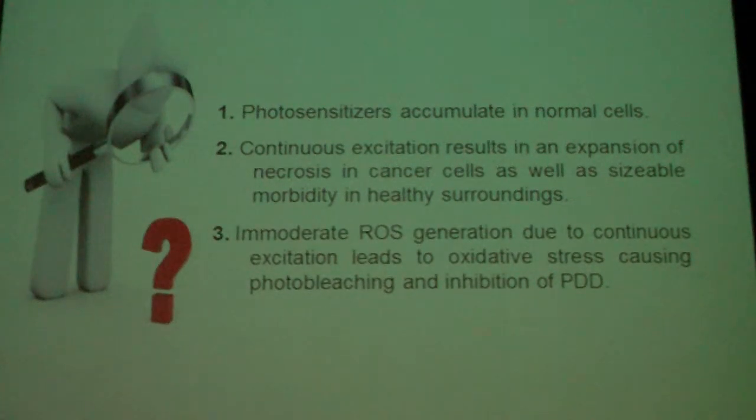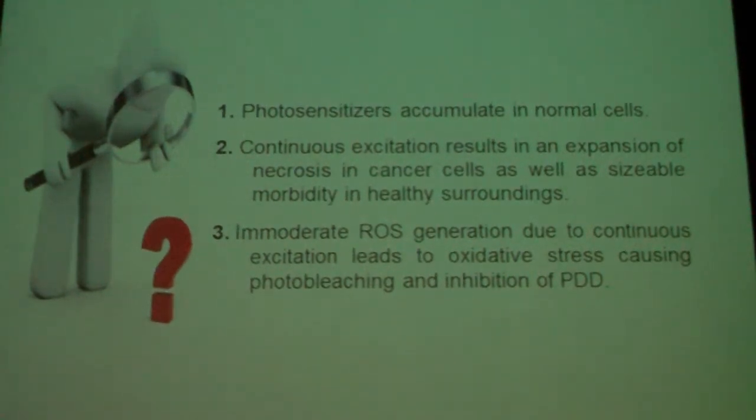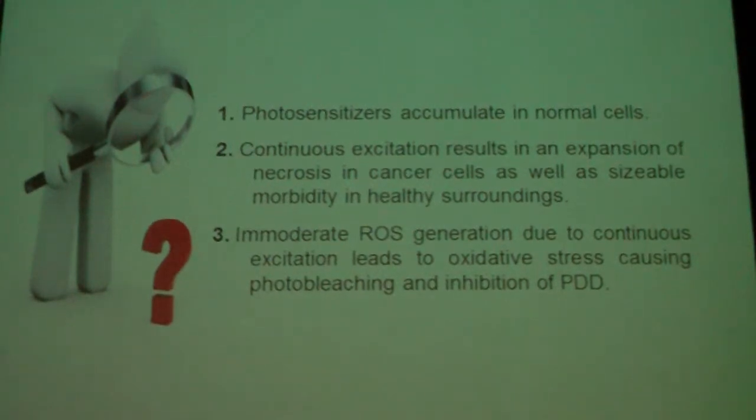The third is immoderate reactive oxygen species generation due to continuous excitation, which leads to oxidative stress, causing photobleaching and inhibition of photodynamic diagnosis. Because when we have a high amount of photobleaching, the signals are gone, and we cannot detect the cells precisely in the body.